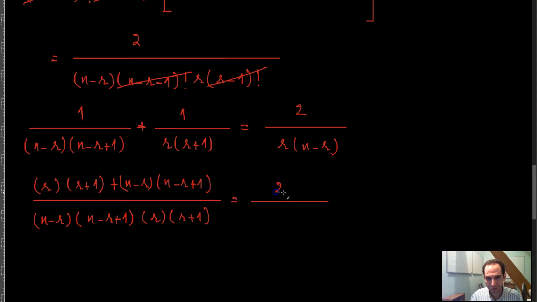And that is equal to 2 divided by r times (n minus r).